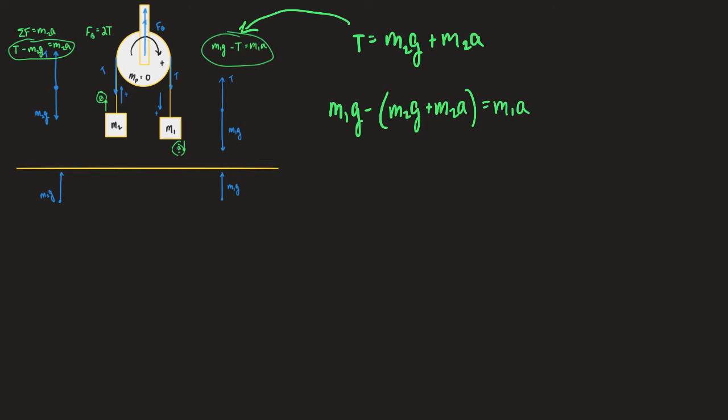I want to get the A's on the same side. So M1G minus M2G equals M1A plus M2A. Just a little algebra there. Now I will factor out the A because I need you to see something.